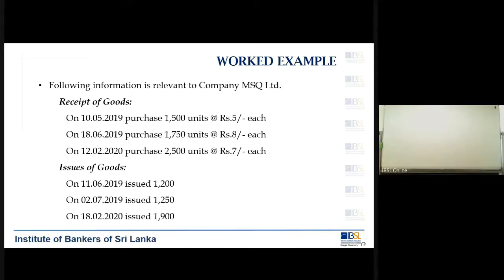The sequence of events is very important in this type of question, that is the dates and the order in which the transactions have taken place, because depending on that, the answers might differ. In this question, they have requested you to do both the FIFO and the weighted average cost method. We start off with the FIFO method, which is very straightforward, and we see how it works in computing the closing stock value.